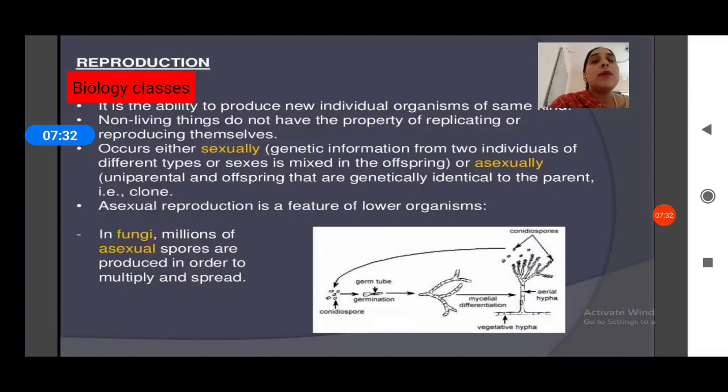Sexual reproduction involves two parents, the development of sex cells or gametes, and the development of sex organs. In asexual reproduction in lower organisms, basically in fungi, most of the asexual spores are produced in order to multiply and spread.